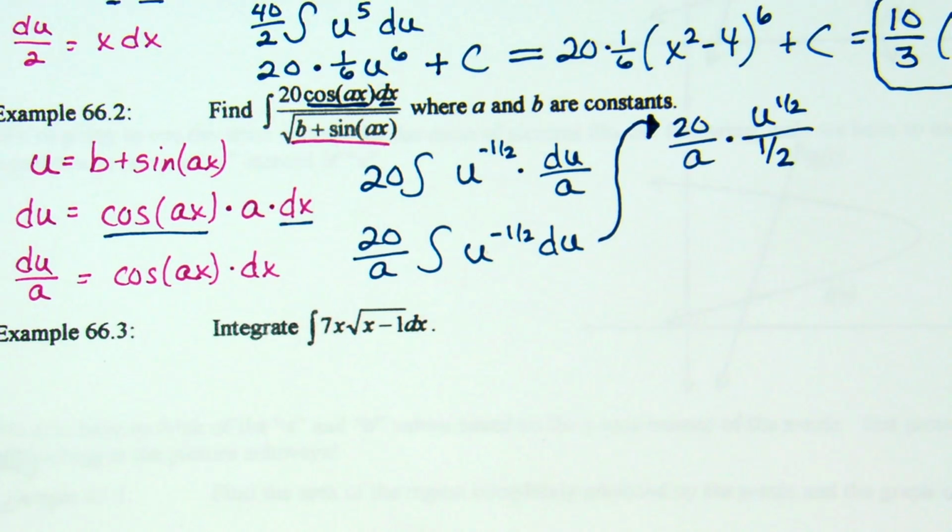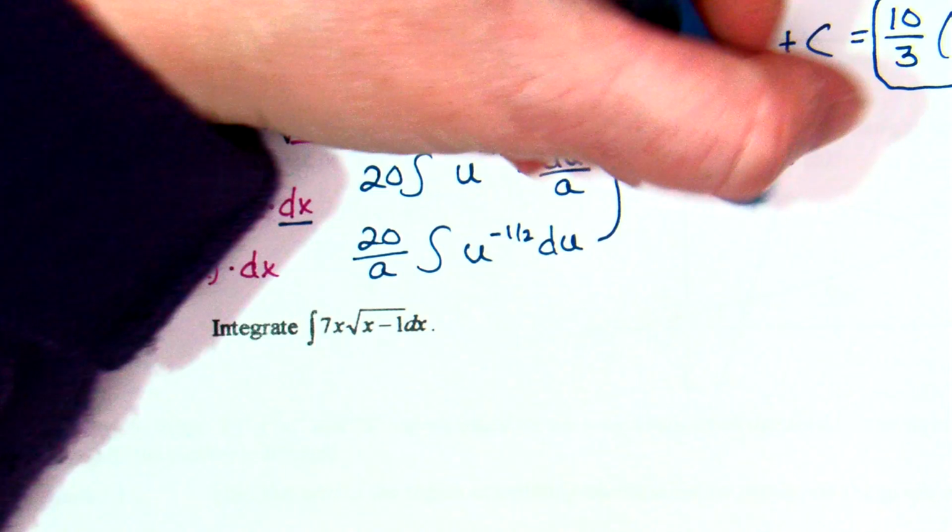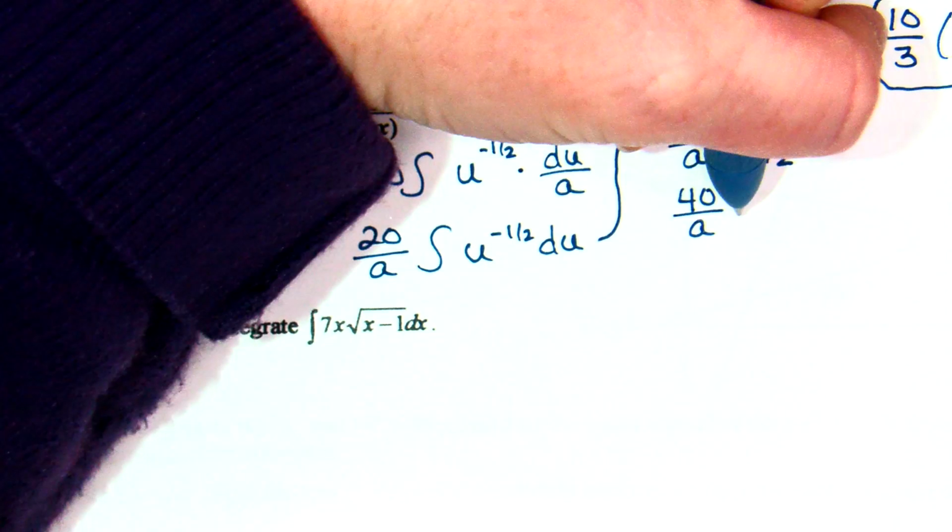So for a brief moment, I wrote it as u to the 1/2 divided by 1/2. However, exactly, we're not going to leave it like that. Dividing by 1/2 is multiplying by 2. So I can take that 2 and put it with the 20. So 40 over a times u to the 1/2.